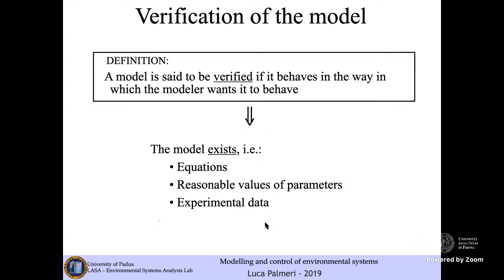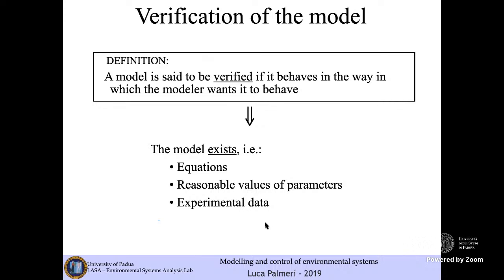Let's pass to the step of the verification of a model. That is a trivial, simple study, but it allows us to be sure that the model performs as I expected it to perform.